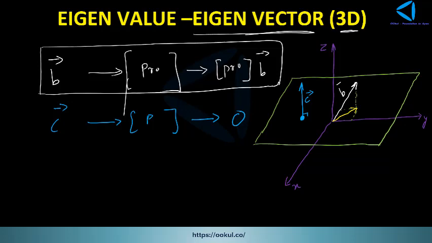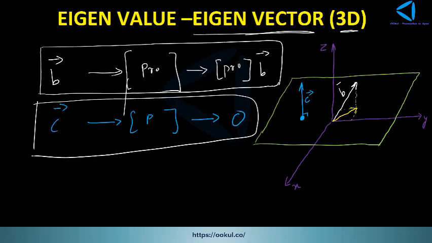While the second case says, yes, there is a vector out of the plane. If the vector is perpendicular to the plane, then that vector will be your eigenvector. But the value of the eigenvalue will be 0, right? So this is about your eigenvalues and eigenvectors, right?